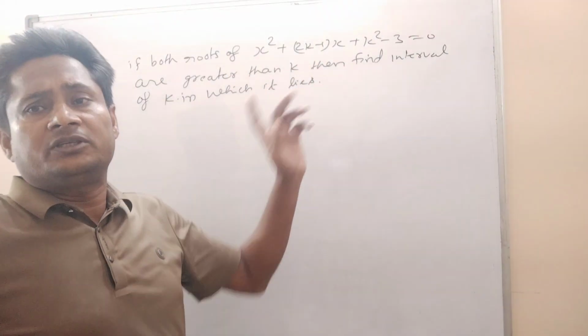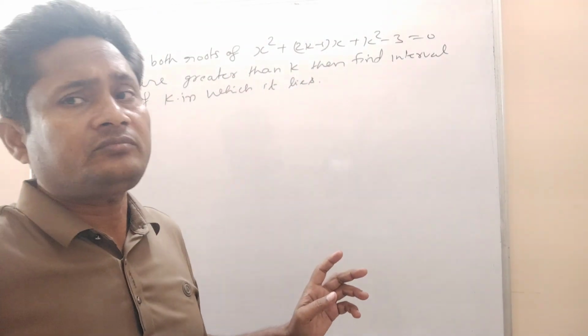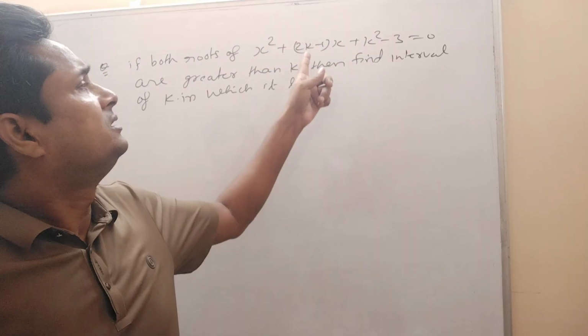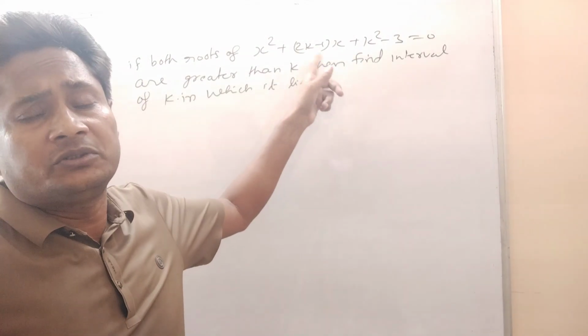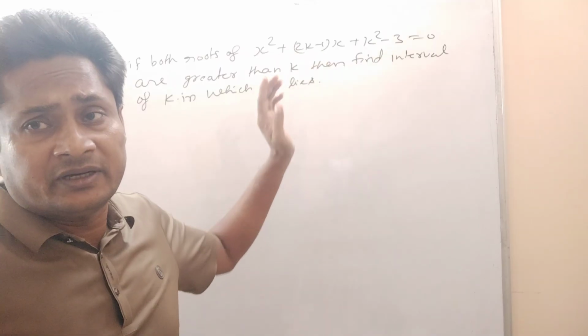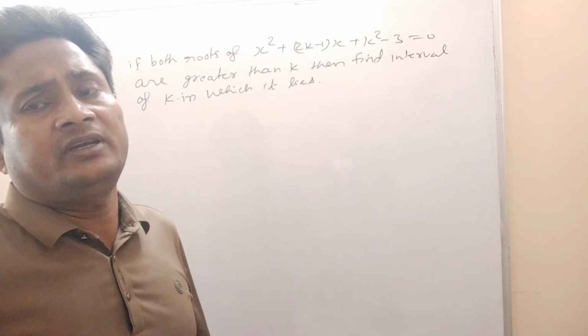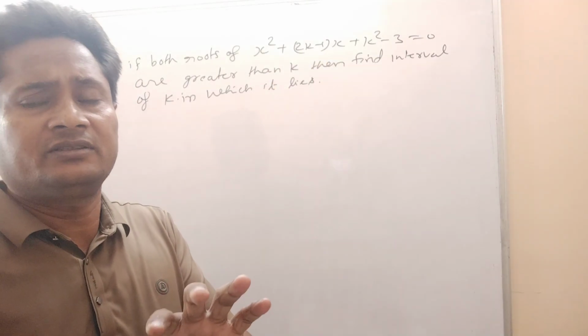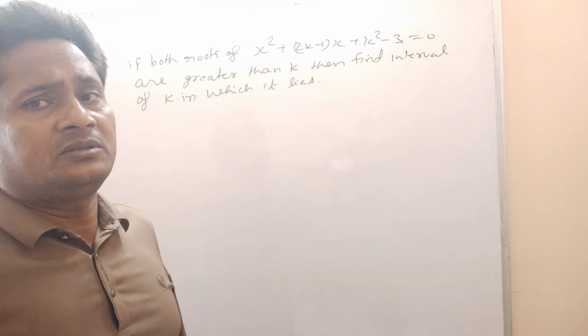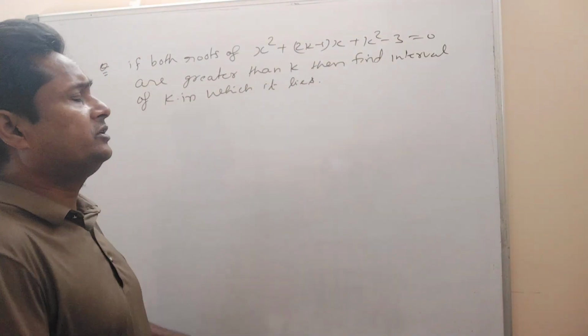Now the quadratic equation is given. It is saying that both roots of this equation are greater than a number k. Then we have to find the interval in which k lies. So what is the case?